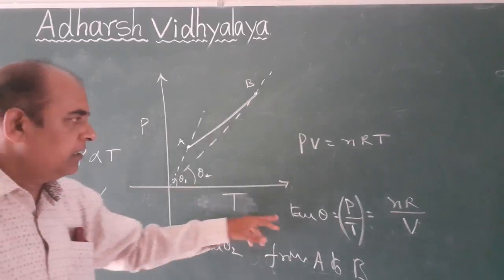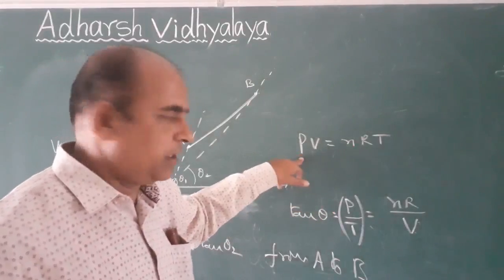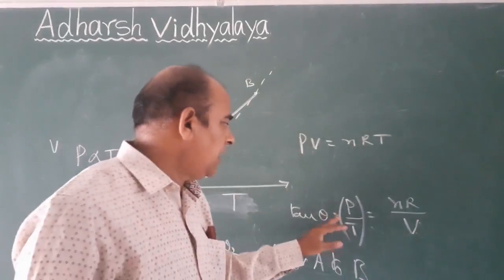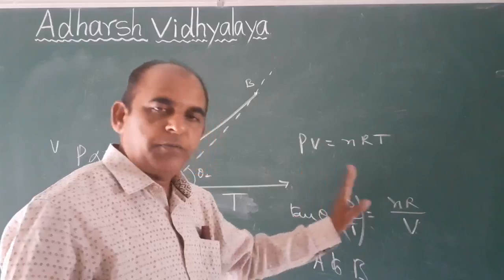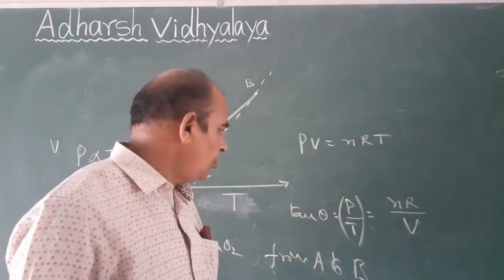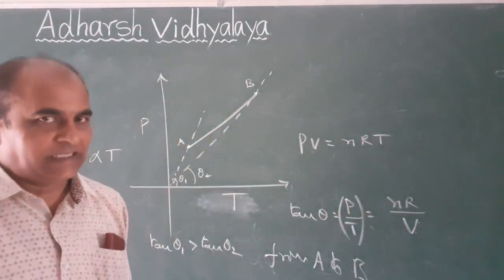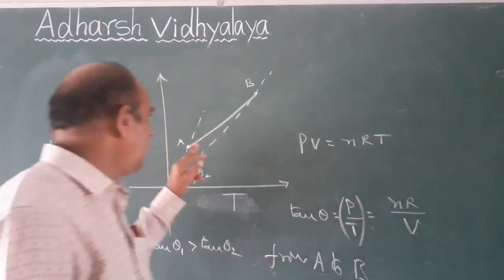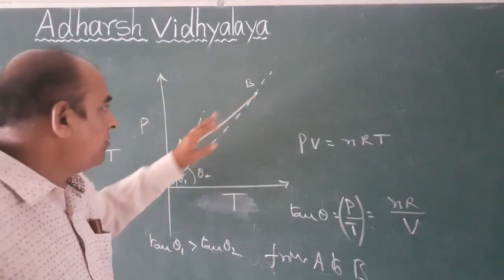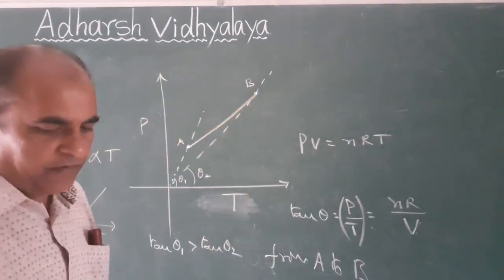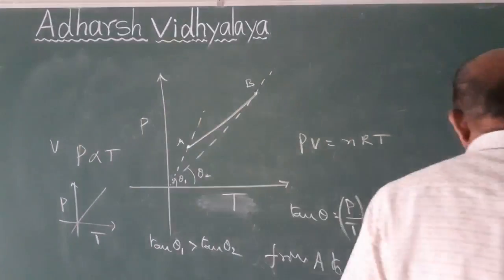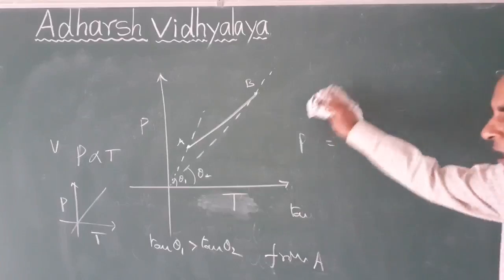Tan theta is equal to P by T. So tan theta is more, P by T is more. P by T is inversely proportional to volume. Volume is less at A and more at B. So that means volume is increasing from A to B. Volume of the gas is increasing from A to B.